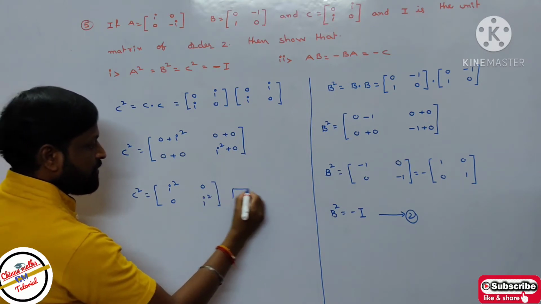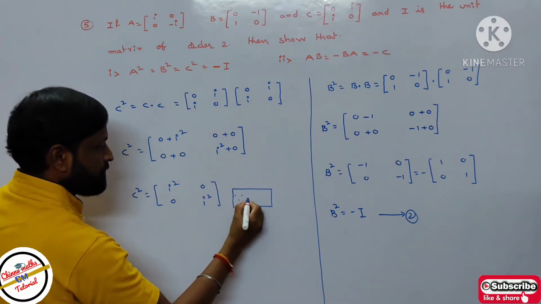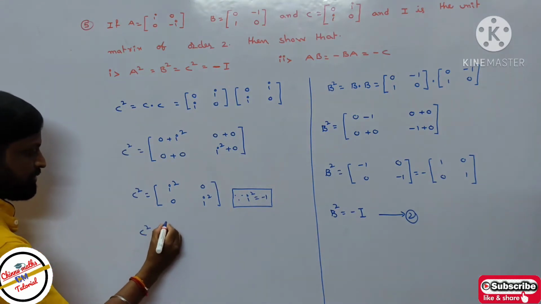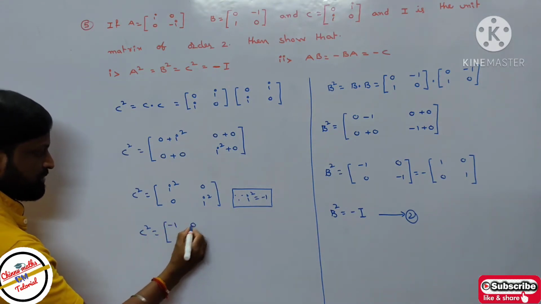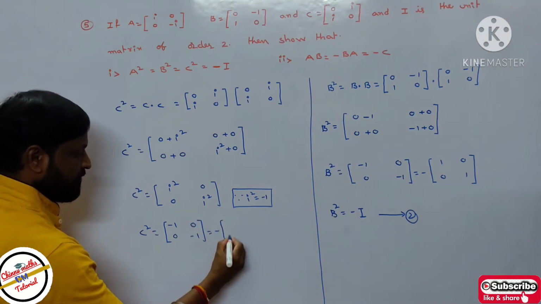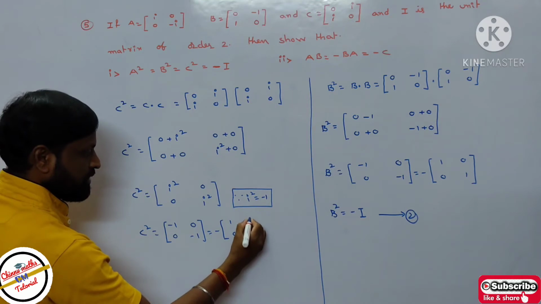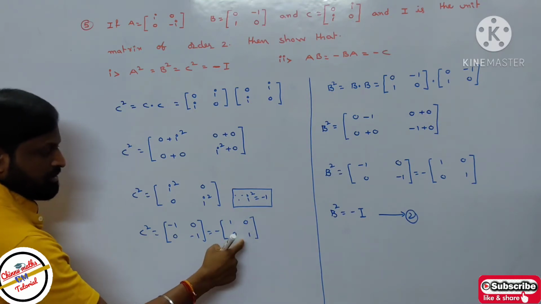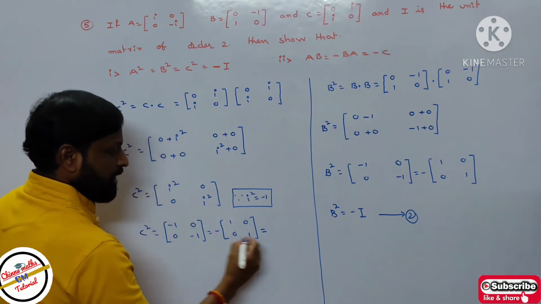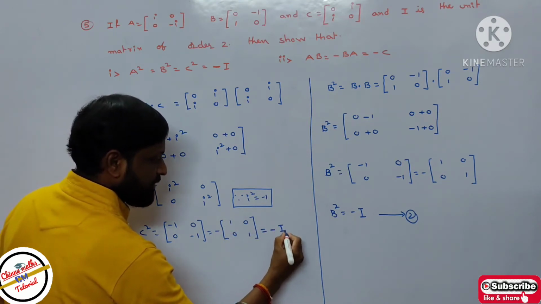But we know that what is the i square value equal to? i square equal to minus 1. Then you can substitute C square equal to minus 1 0 0 minus 1. So then minus is the common factor, 1 0 0 1. So then it is the 2 by 2 identity. So identity matrix is denoted by I. So then minus of I.